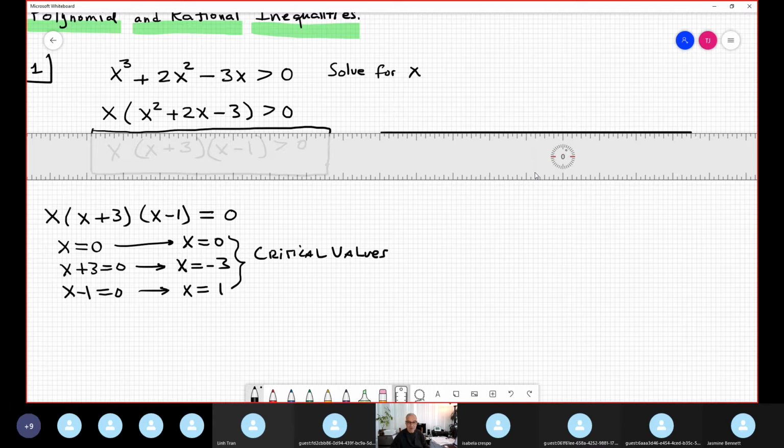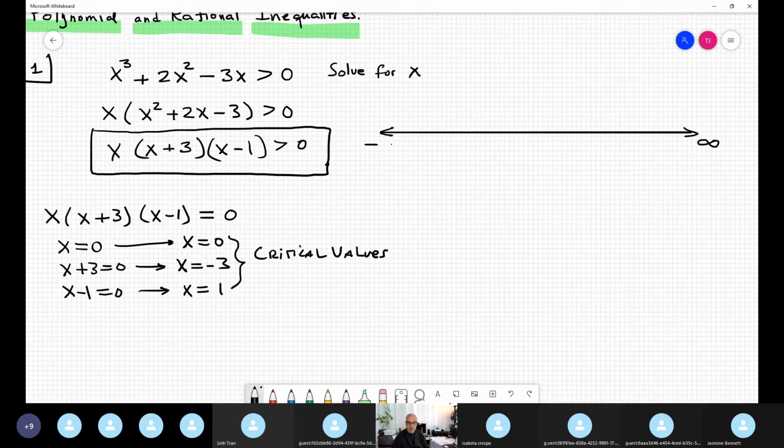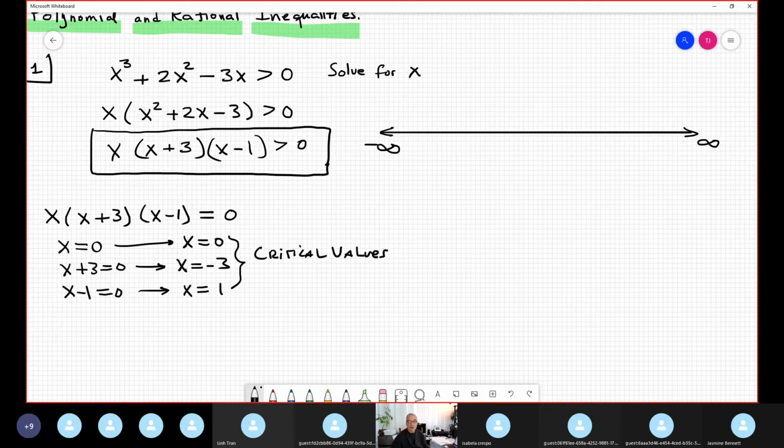This is my famous real number line, of infinity positive, infinity negative. And I take the critical value, 0 is the critical value, so I make a partition, and this partition separates into intervals, no?